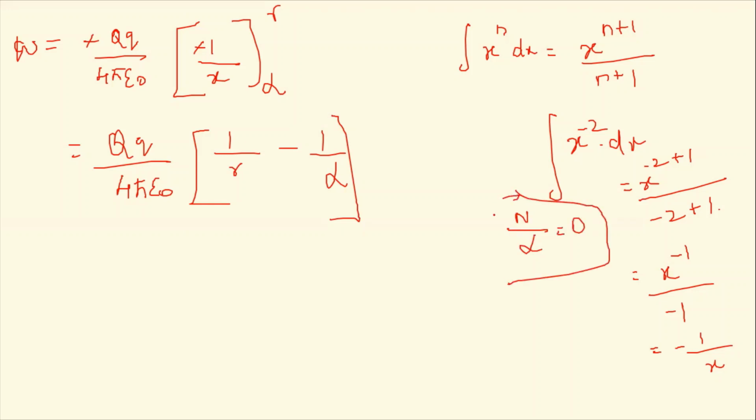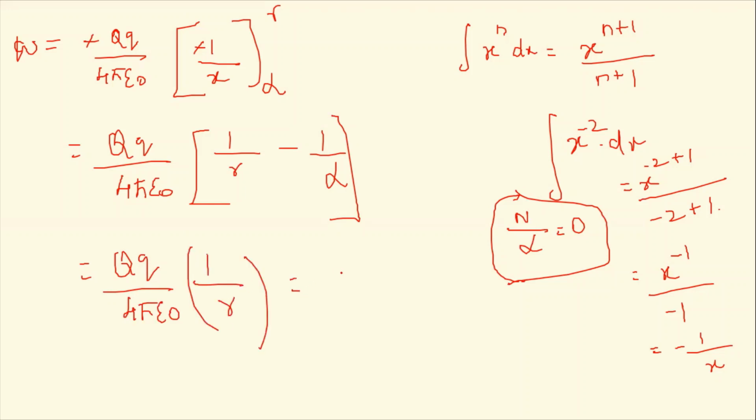So you will get Qq by 4 pi epsilon naught r. This is only the work done, right?